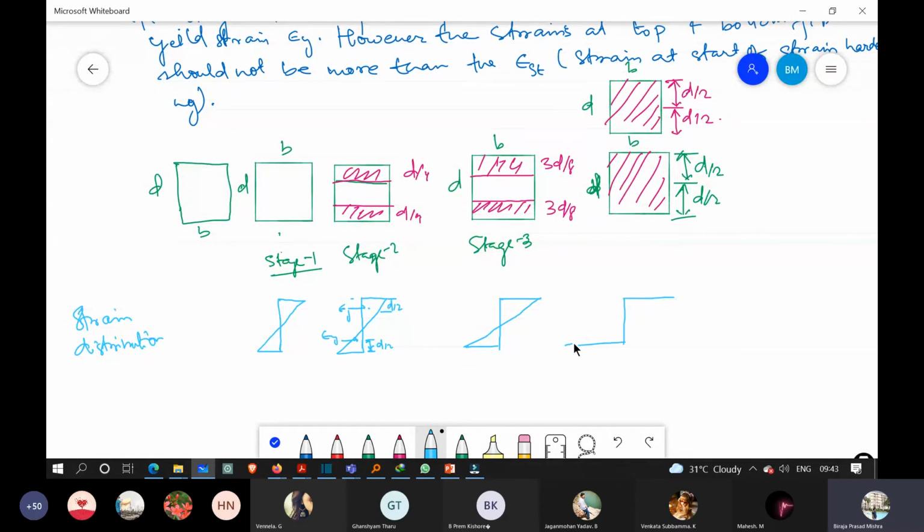Or sorry, this distribution will not be like this, just a minute. This drawing, this distribution is very tough for me here.